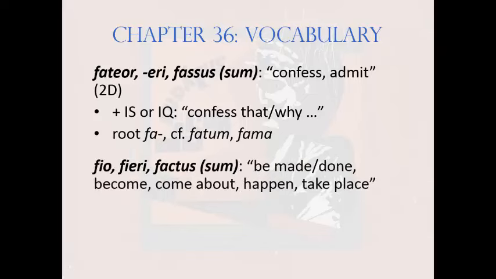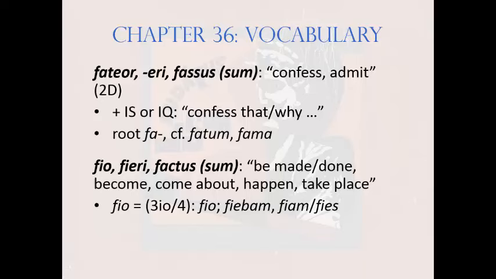Next is fio, fieri, factus sum, the verb we just discussed above. It means be made, be done, become, come about, happen, or take place. The majority of its forms suggests Romans thought of it as third io or fourth conjugation. Fio, fiebam, fiam, and fies, the future.